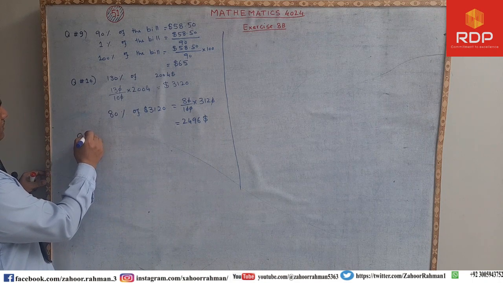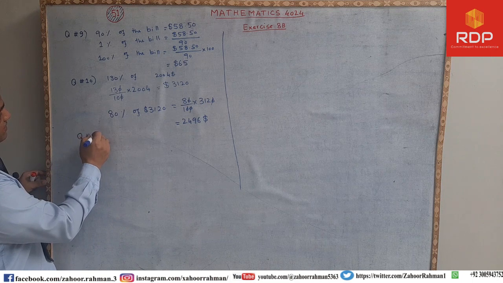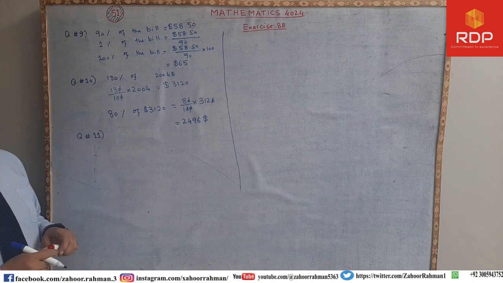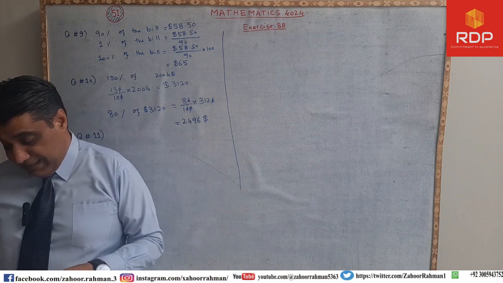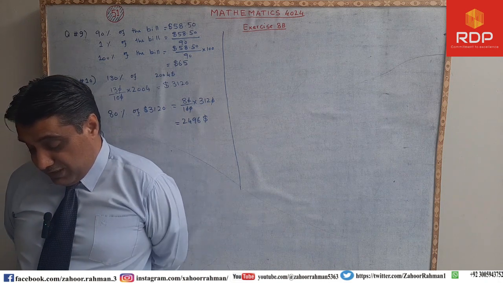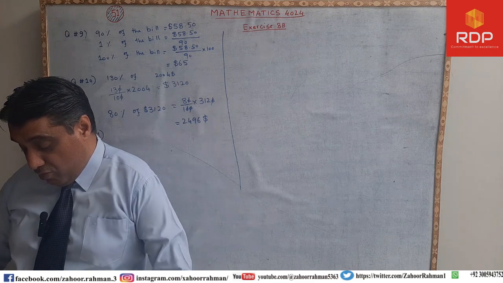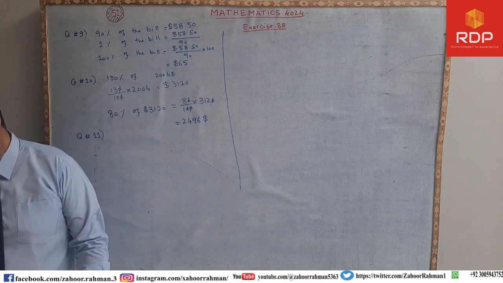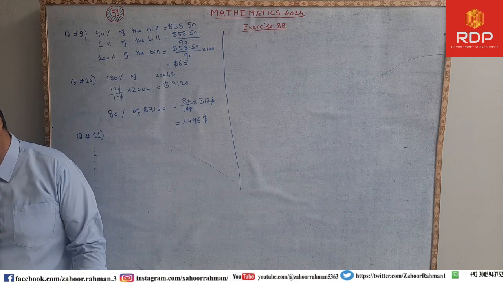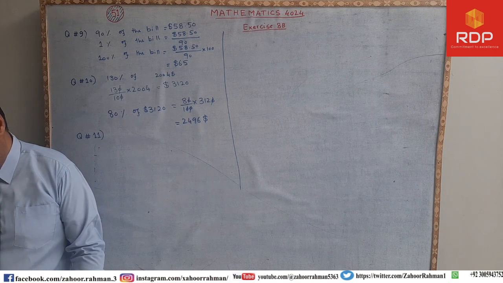Now we are doing question number 11, and question number 11 is saying that in 2011 a train carried 8% more passengers. More means increase, so we have to find 108%.